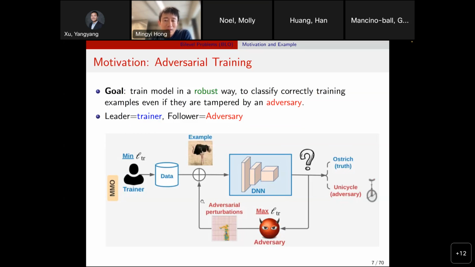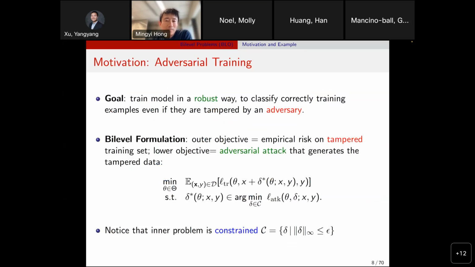Okay. So the bilevel formulation is the following. Well, at least it is one formulation of it. If you look at the lower level problem, the adversary is trying to find its strategy, delta star, with its own loss function. We'll call it L attack.